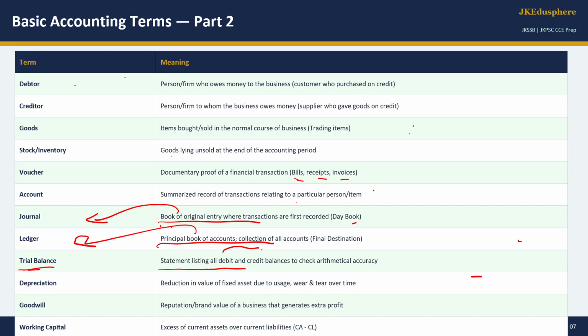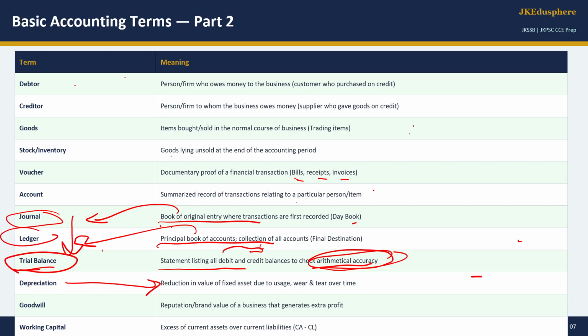And trial balance is the statement listing all the debit and credit balances to check the arithmetical accuracy. So what is trial balance? Trial balance is to check arithmetical accuracy. We will study all the journal, ledger, trial balance in further videos. We have to see how these are made.